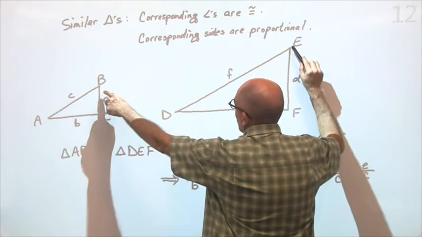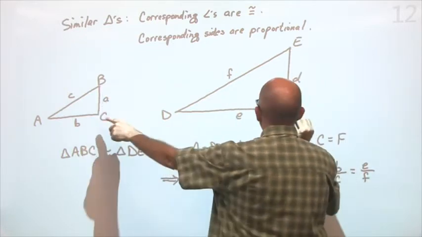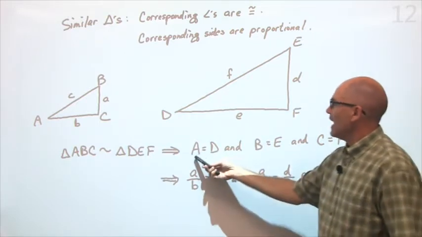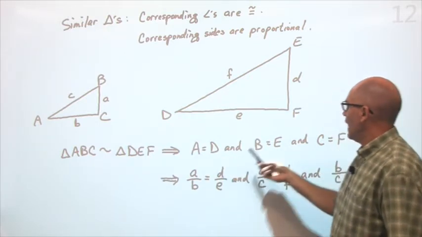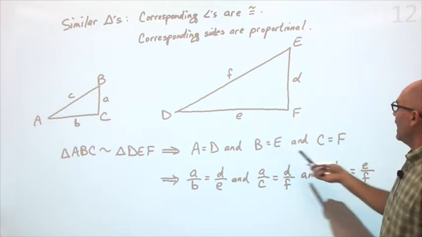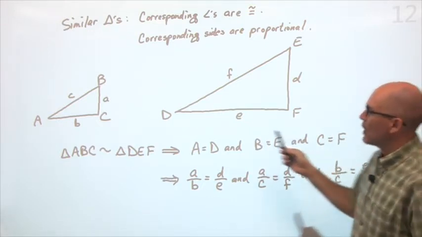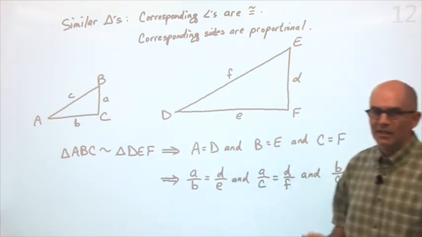B and E are corresponding angles, and C and F are corresponding angles. So, angle A equals angle D, angle B equals angle E, and angle C equals angle F. That means that triangle ABC is similar to triangle DEF.